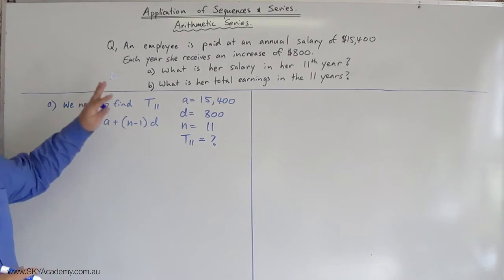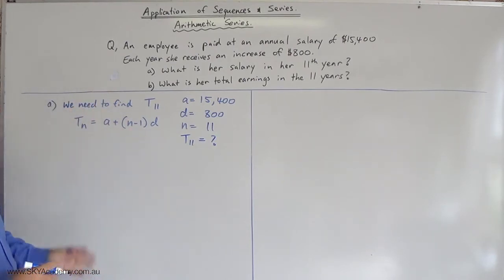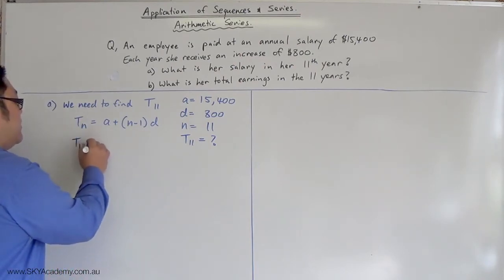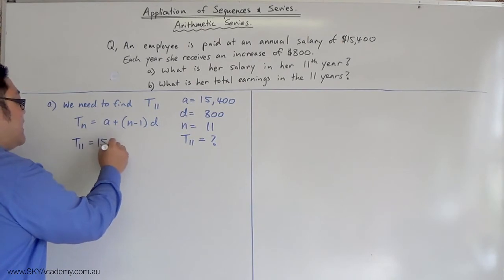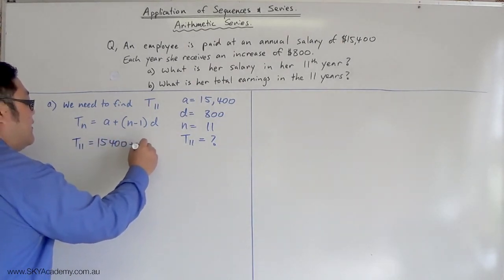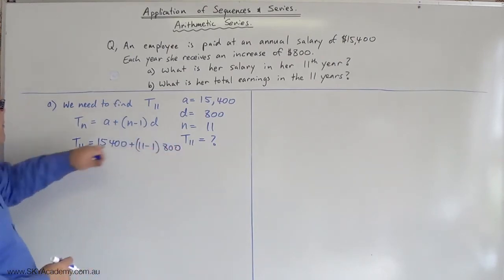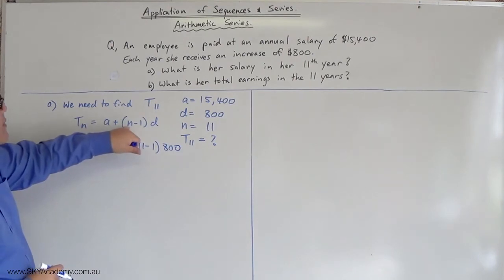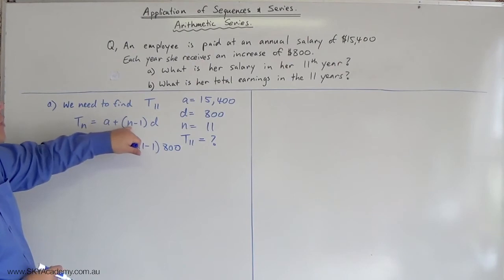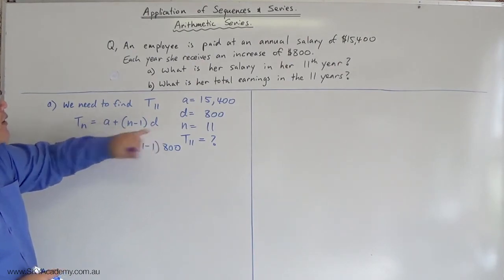Well, we've got everything we need to do the arithmetic for this question. So what we've got to find is T11, which is $15,400 plus 11 minus 1 lots of 800. You substitute 15,400 for a, 11 for n, and 800 for d.